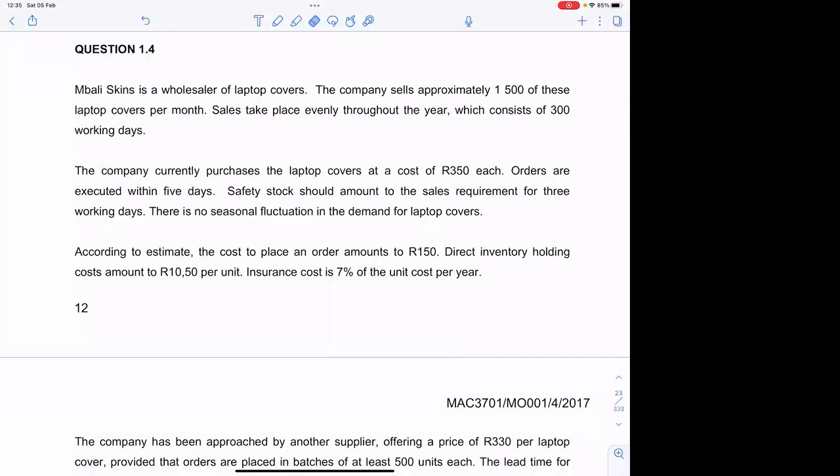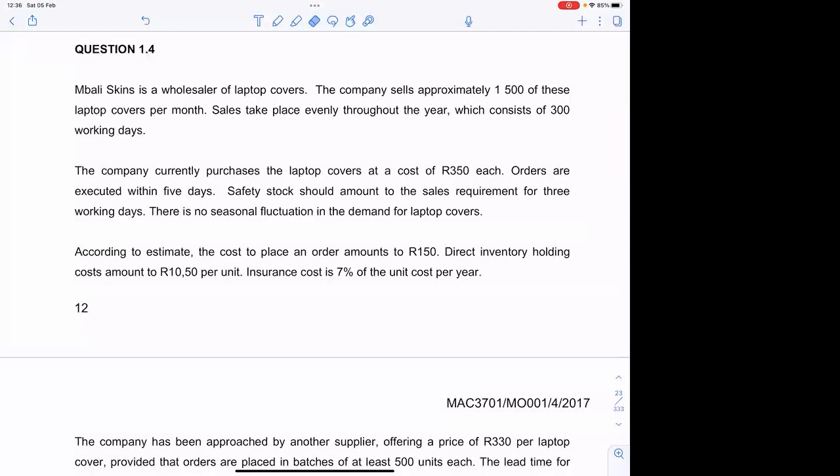It will change with the level of activity. For example, if your direct cost is 2 rand per unit, if you have 3 units it is going to increase, if you have 4 units it is going to increase. But if your cost is not increasing because of the level of activity, that cost is not relevant for this case because we are looking at the direct holding cost.